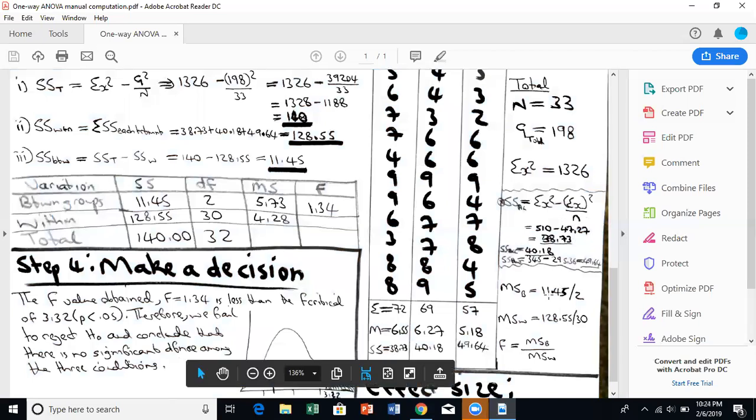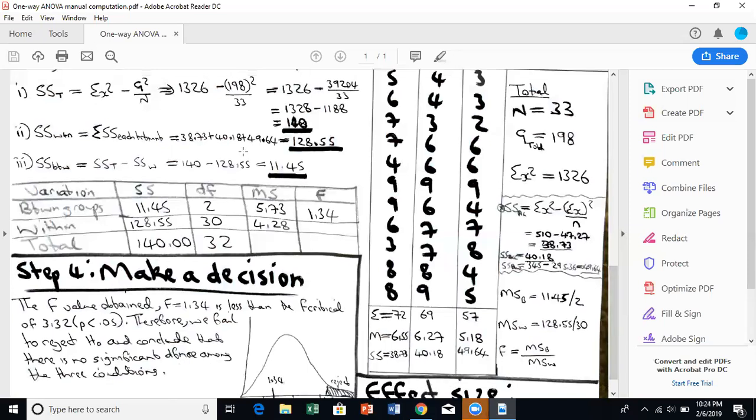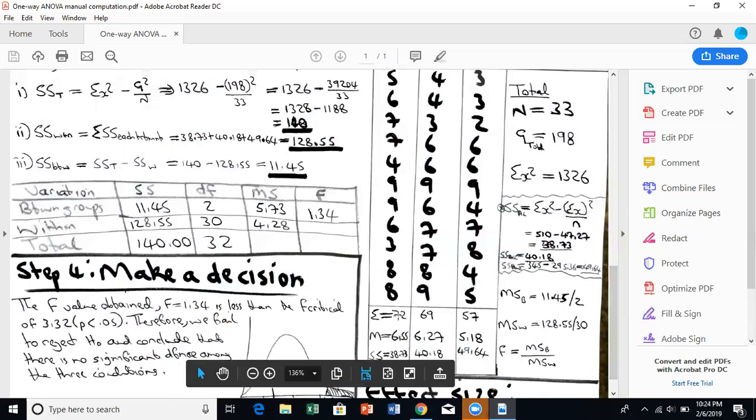And then we use those values. And then the grand total, the number. So we want to come back to this one. The total number of participants is 33, yeah. And then the grand total, if you add 72 plus 69 plus 57, you get 198 here.